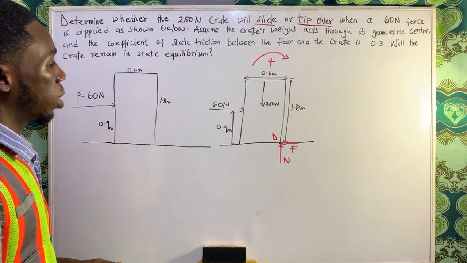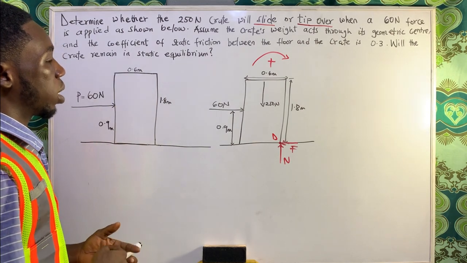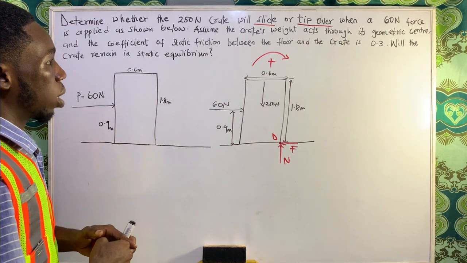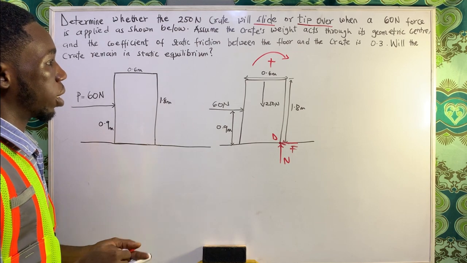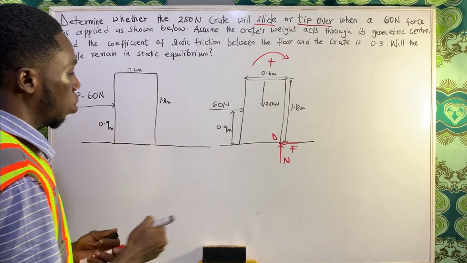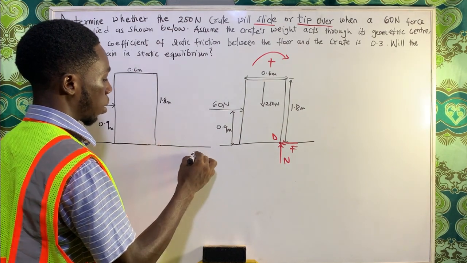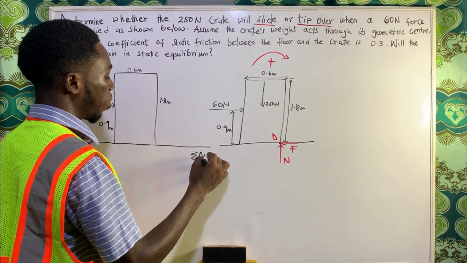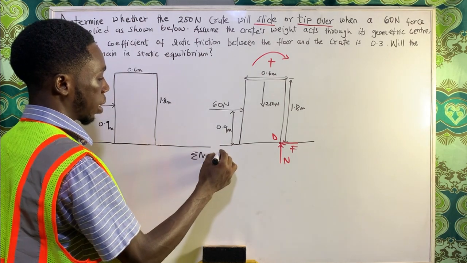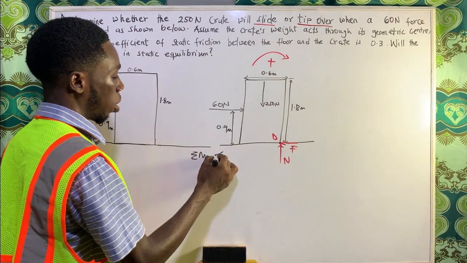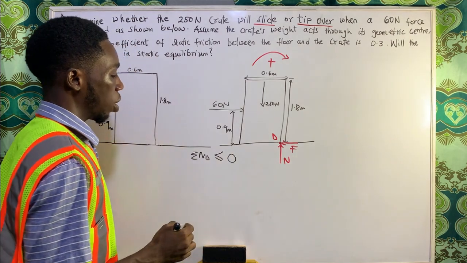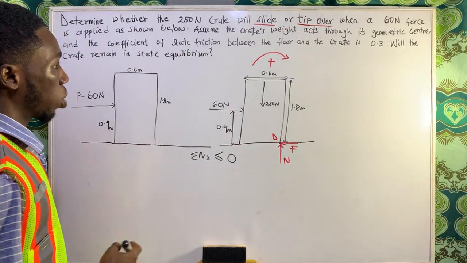Now I want to determine whether the crate will tip over or not. So what are the conditions that you are going to use to determine this? You calculate the resultant moment. If it is less than or equal to 0, then that means tipping will not occur.